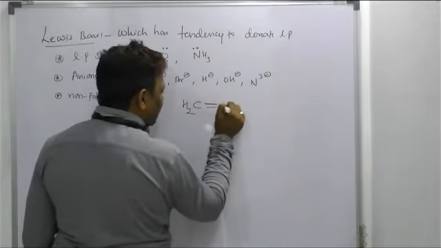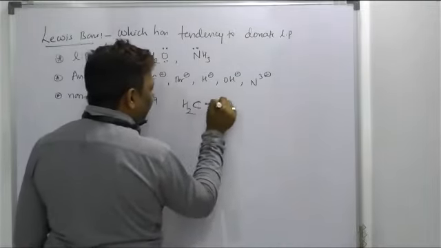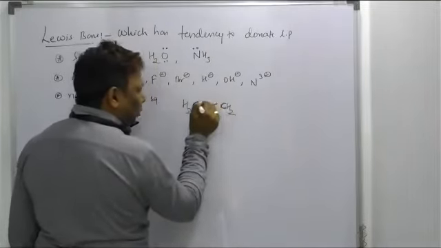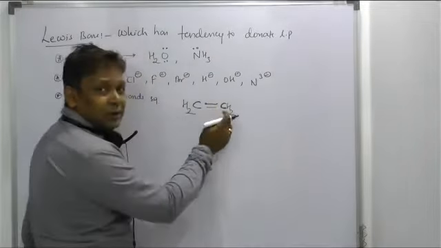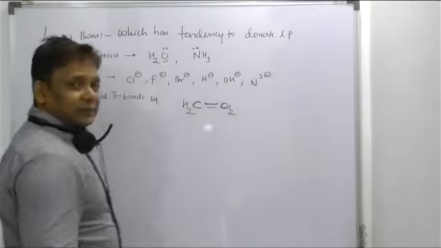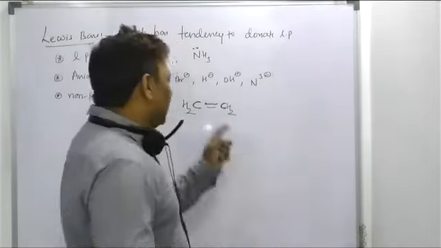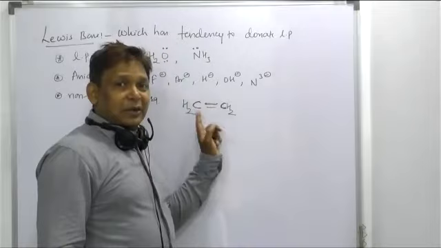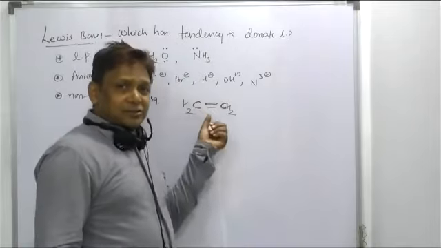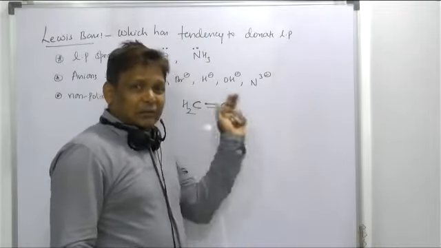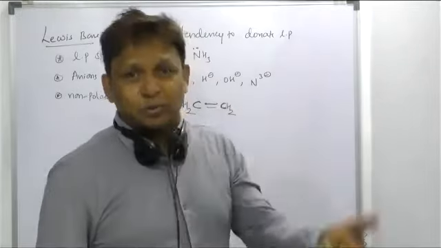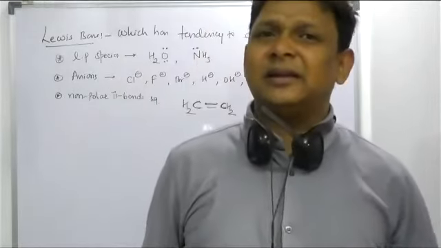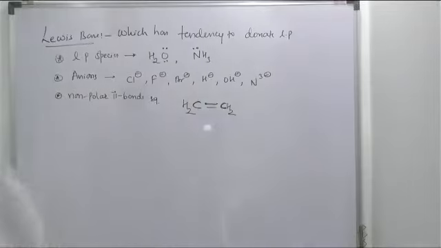This is a carbon atom having a pi bond, but due to no electronegativity difference between these two carbons, there will be no polarity in the pi bond, right? But still a pi bond is there, meaning pi electrons are there. Because of the presence of the electron cloud, it has a tendency to donate a lone pair and behave as a Lewis base, right? Chalo, write down all these things, beta, up to here.